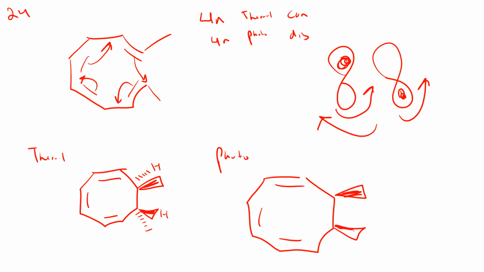Here's your two methyl groups, and your hydrogens will be behind the plane. So remember, your photochemical is disrotatory on the 4N. You just look that up in the table.